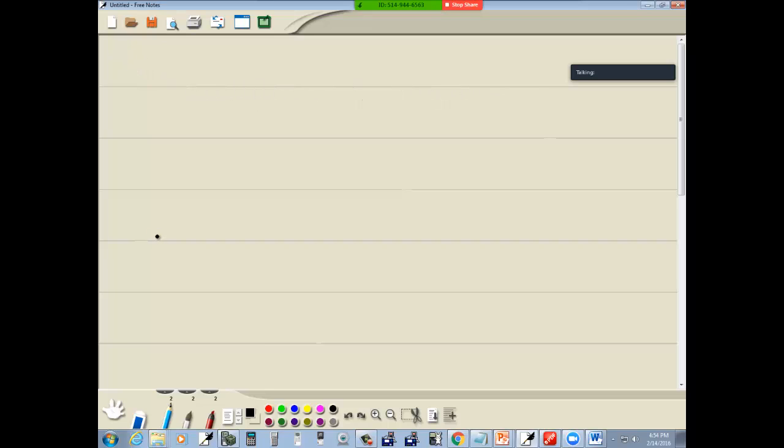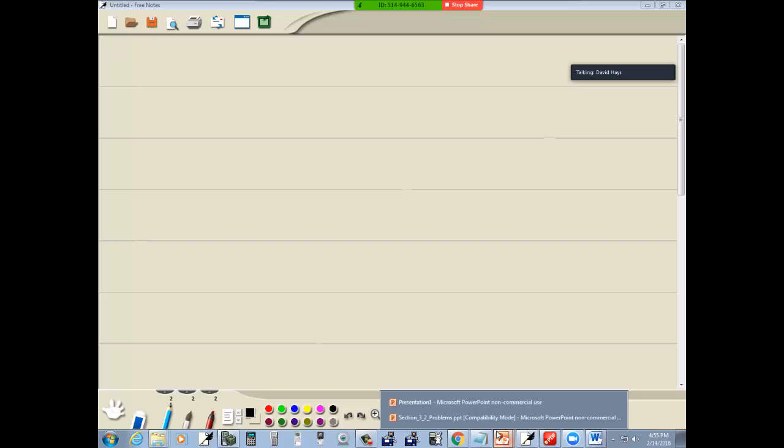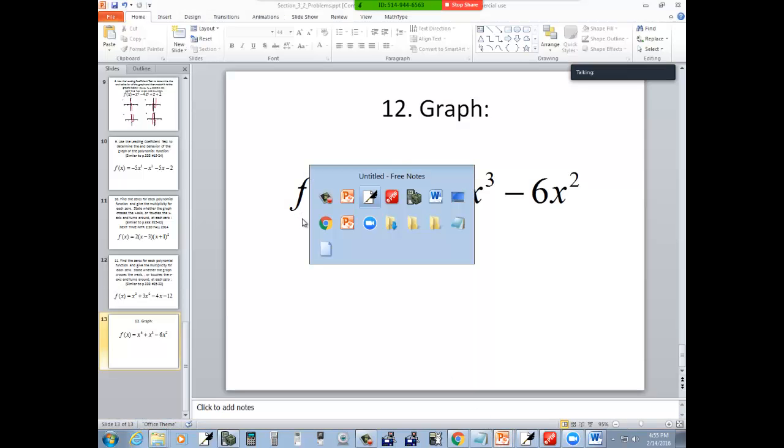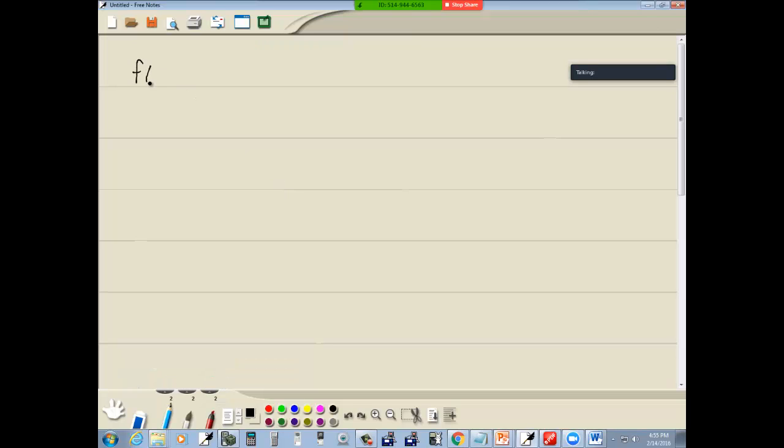Now, this is a problem I use in my college algebra class I teach in the classroom. So we'll take a look at this one. It says graph this. So we got x to the 4th plus x to the 3rd minus 6x squared. And different things you can use.